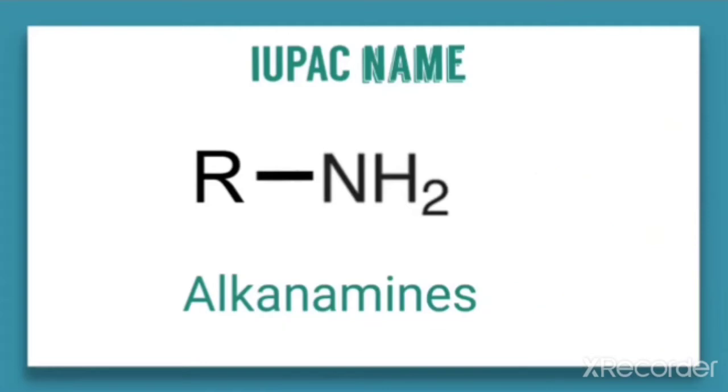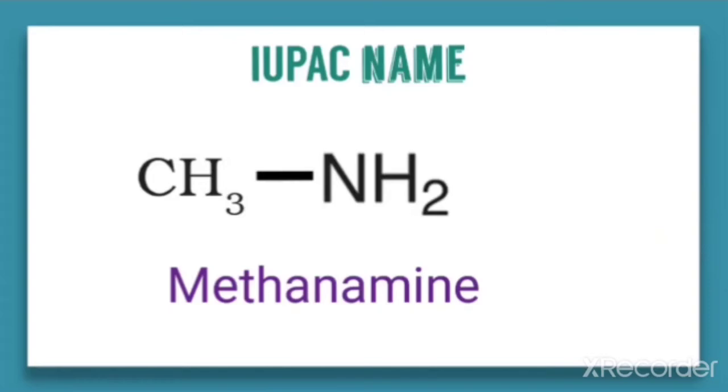Better we'll take one example, it will be more clear. First the simplest example, that is a CH3 group attached to NH2. It is a 1 degree amine. Which one is taken as the main chain here? Only one carbon is there, so that is taken in the main chain. Remember, nitrogen is not included in the chain because it is attached to the chain, but it is not numbered, because we are numbering only the carbons, not the nitrogen.